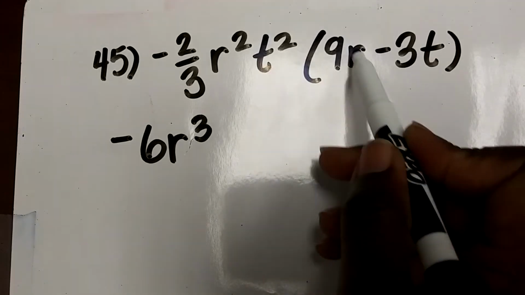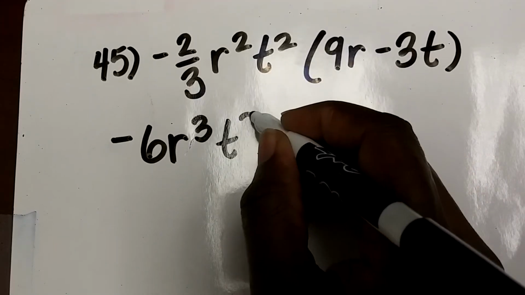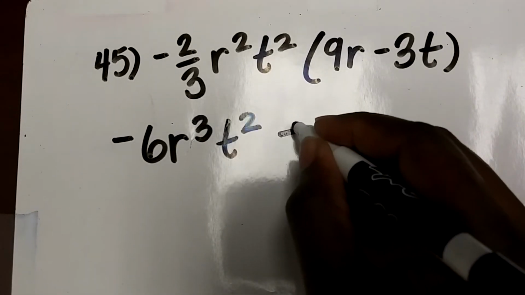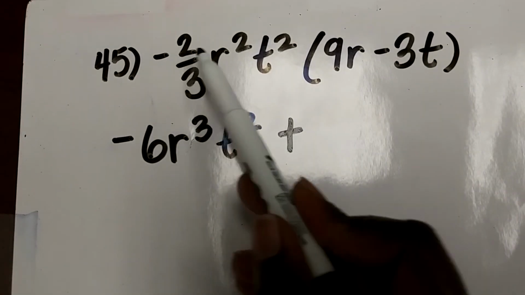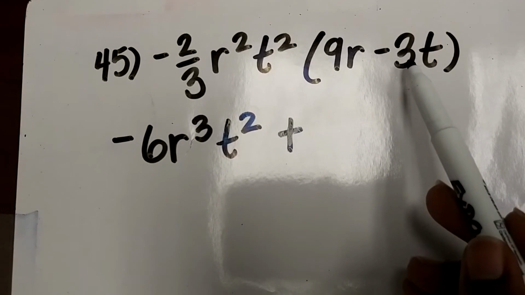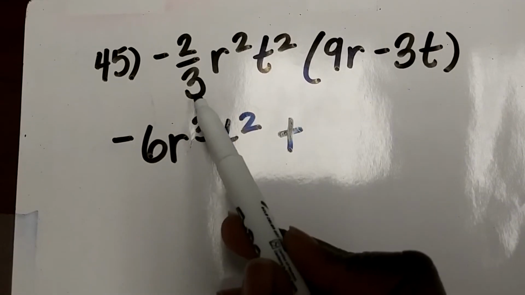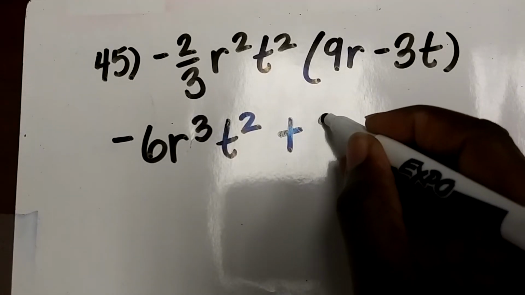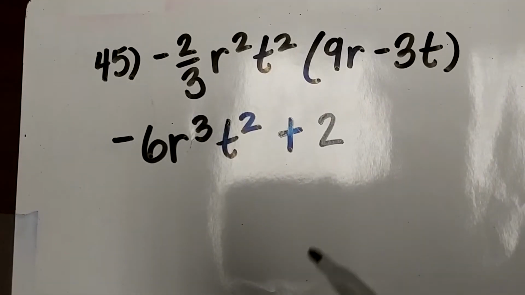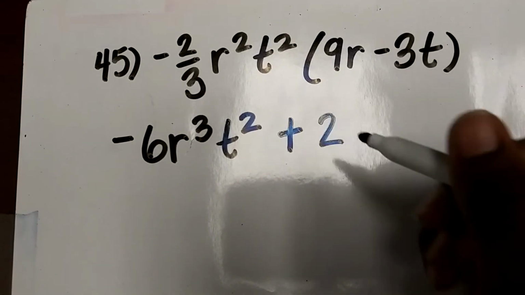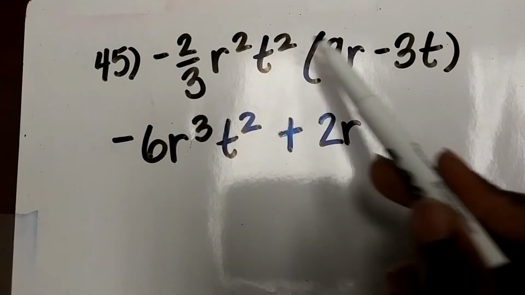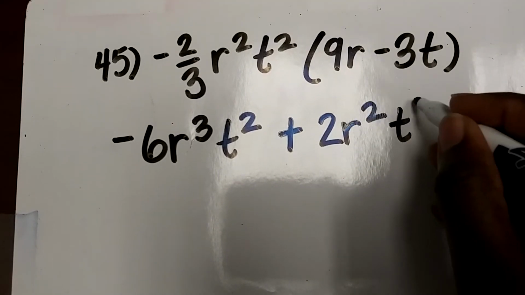And then the only thing left is t squared. A negative times a negative makes a positive. 2 times 3 is 6, and 6 divided by 3 will be 2. You have only r squared left over. Count your t's. 2 plus 1 is t to the third.